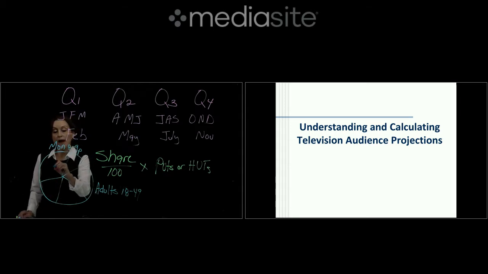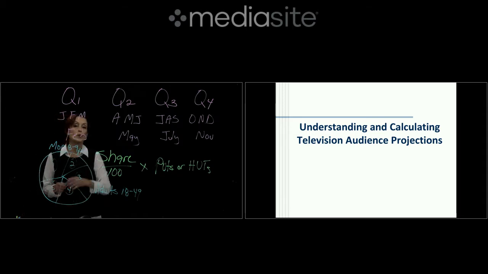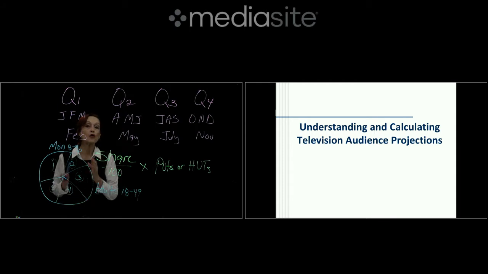Let's say that you have program 1, program 2, 3, 4, and 5, right? So this is the pie, where each slice of the pie for each program is their share of the total pie or viewing done during Monday 8 to 9. This is their share. The total pie or total viewing done on Monday 8 to 9 for adults 18 to 49 is the PUT, or people using television. If we were talking about households, it would be HUT.